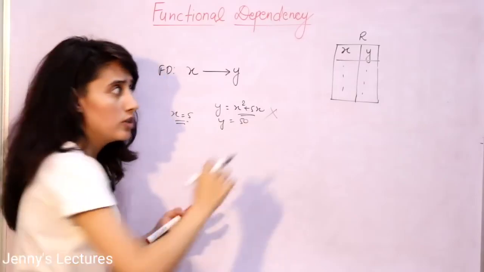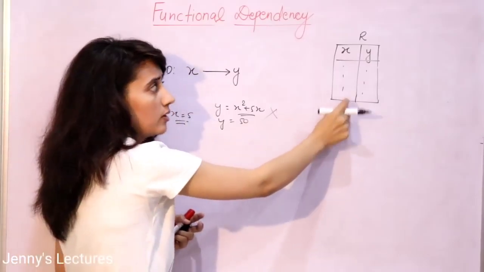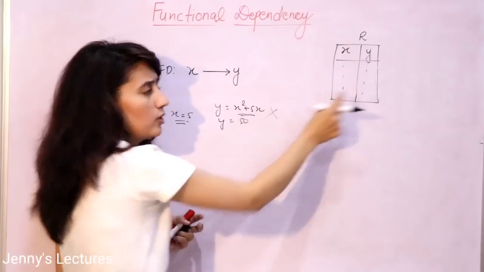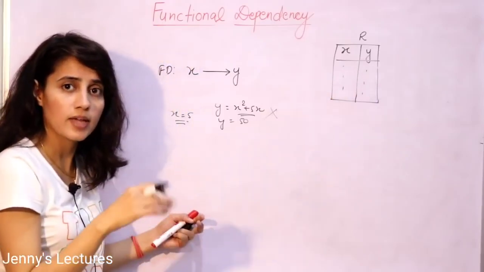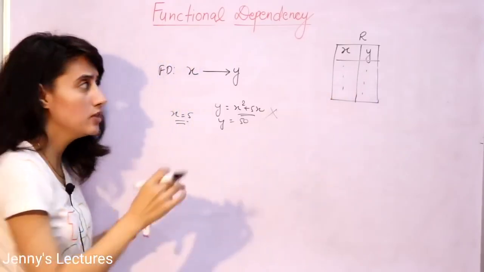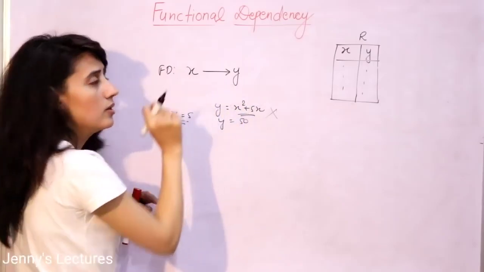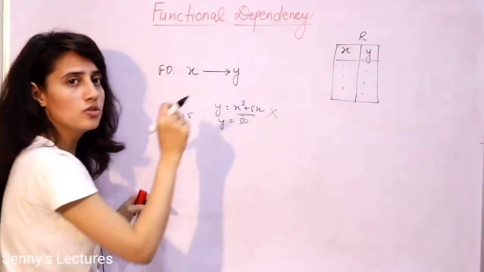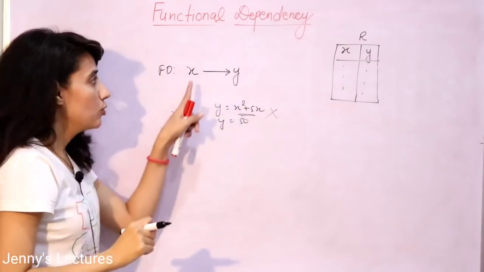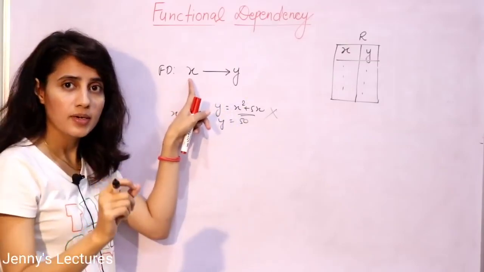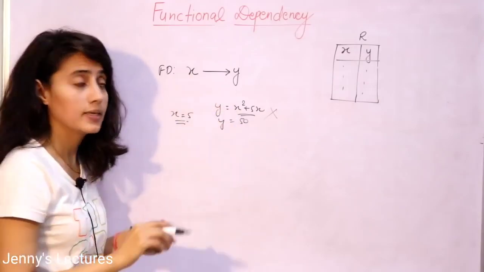No, for this you need a table. From the table, according to the value of x, you can tell me the value of y, right? That is a functional dependency. It means y is functionally dependent on x, or x determines y. Here x is known as the determinant and y is known as the dependent.